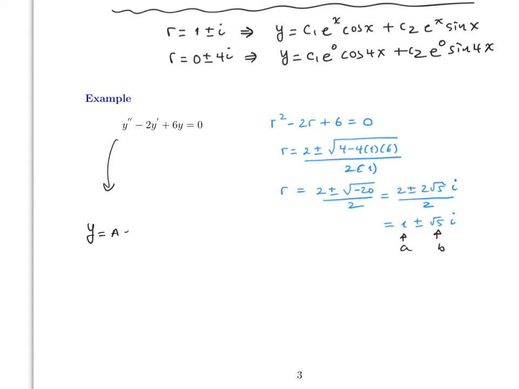This will be now e to the x, then cosine radical 5 x plus B e to the x sine radical 5 x. Now you can also factor the e to the x if you want to. So it's a personal preference how you want to write this. So it is up to you.